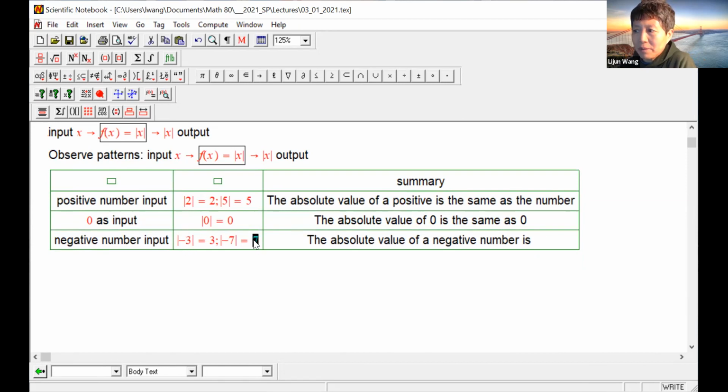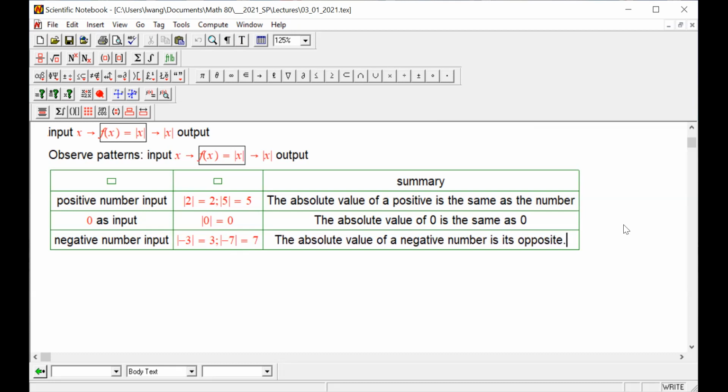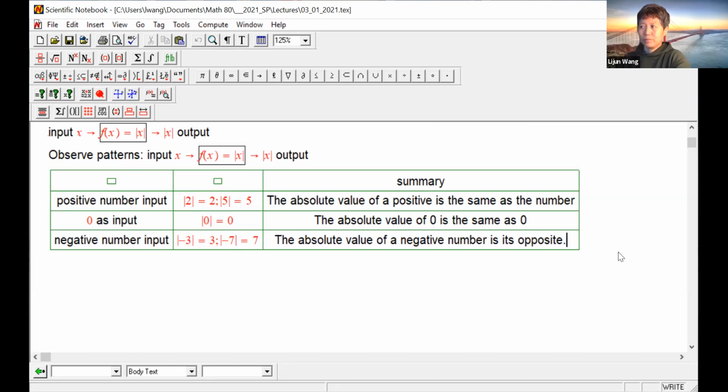Is 7 the opposite of -7? They're on either side of the number line, right? So could I say the absolute value of a negative number is its opposite? Do you agree? Yes. All right, wonderful.